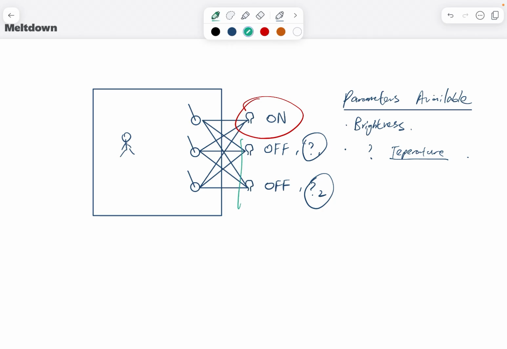But for the remaining two light bulbs, there are some tricky things happening right here. For the first light bulb, you can leave it off all the time, and so its temperature is going to be cold.